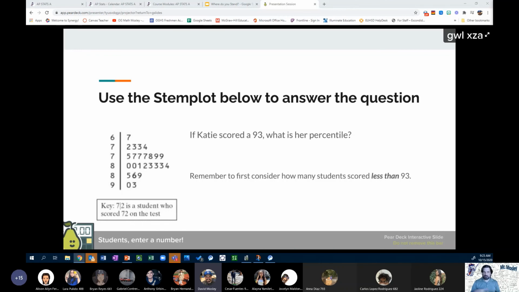When we have 24 that scored less than 93 on this test, that means we take 24 and divide it by 25, which gives us 0.96. So we convert that to the percent of 96%. 96% of students scored less than 93. 4% scored 93 or higher. So that means that the score of 93 is at the 96th percentile.